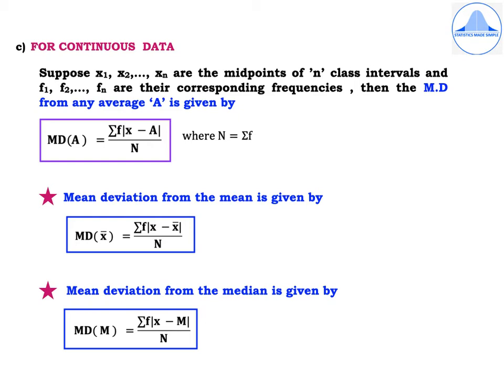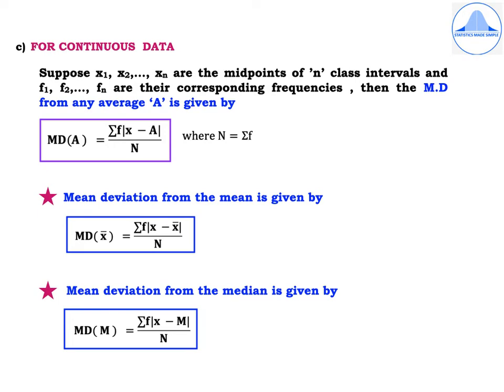So you'll observe that the mean deviation formula for discrete data and continuous data is the same. But there is a lot of difference in the calculation of the median and the mode for discrete data and continuous data, whereas the calculation of the arithmetic mean is kind of similar for discrete data and continuous data.